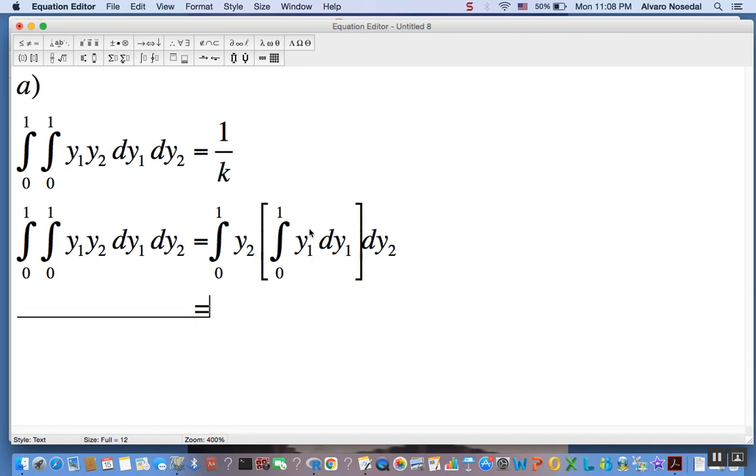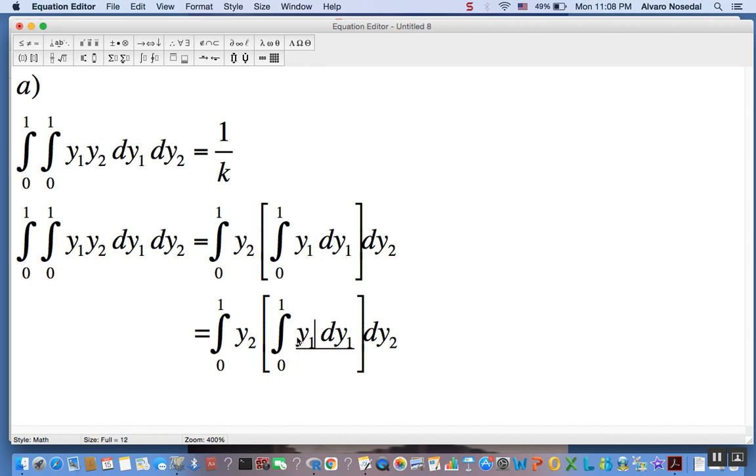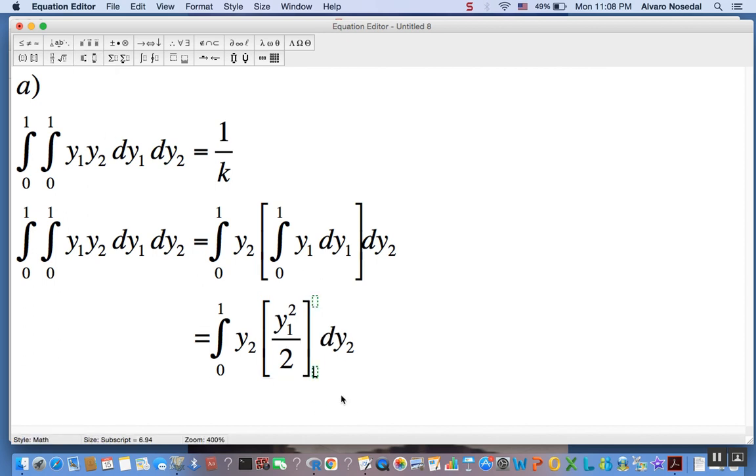It's going to be y1 squared divided by 2, evaluated from 0 to 1. So instead of an integral, what I'm going to have is y1 squared divided by 2, and we are going to be evaluating from 0 to 1, right?